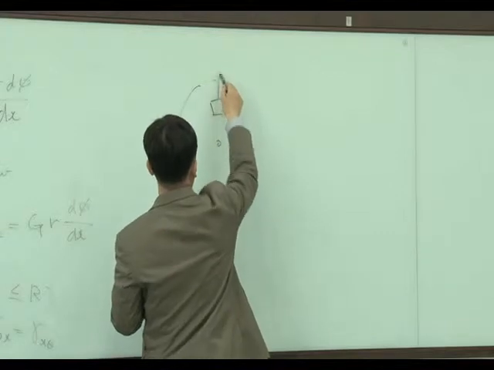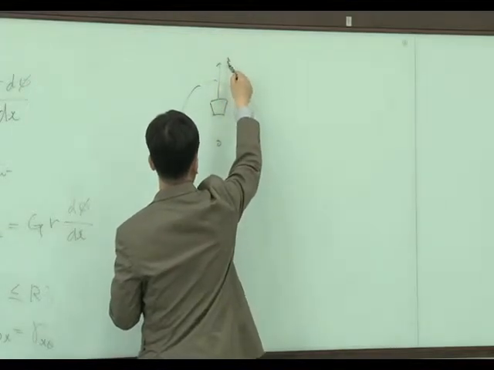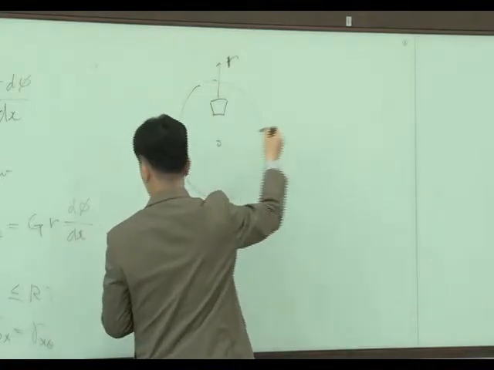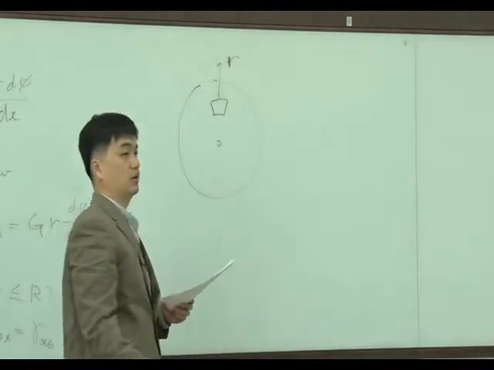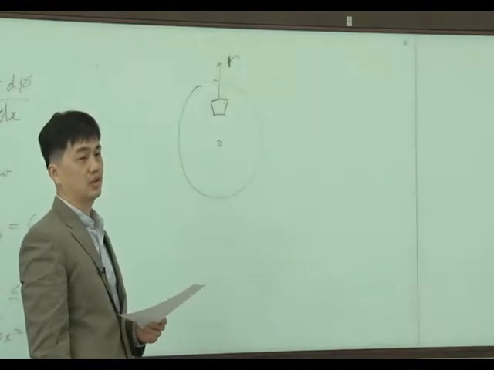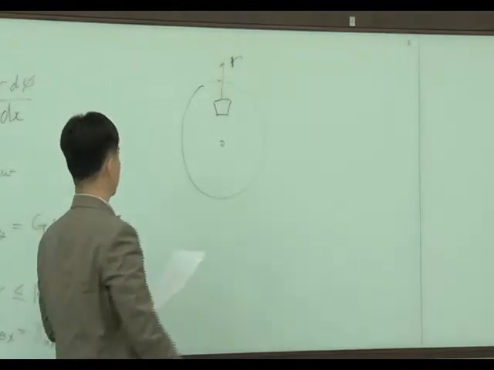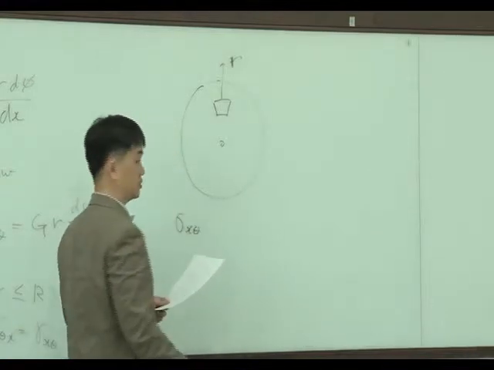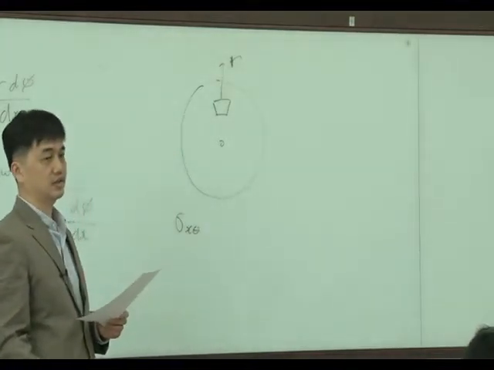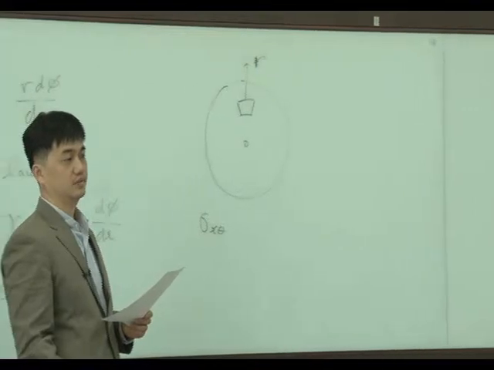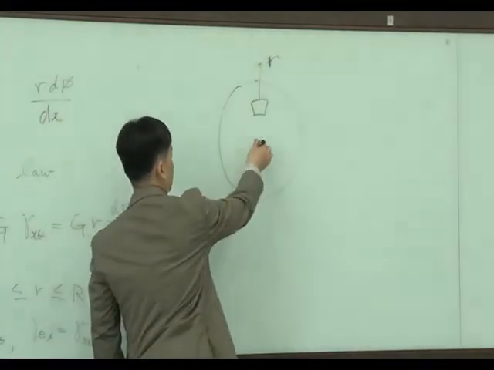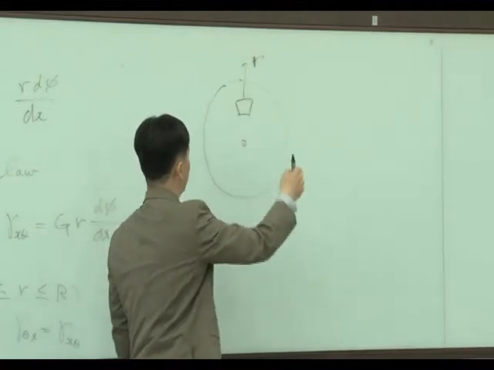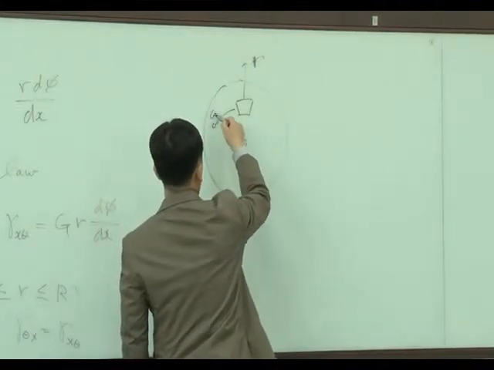This is R direction, R, and this is X direction. What's the stress? Stress, direction of strain X zeta. This is X direction. So we can define, this is a zeta direction.